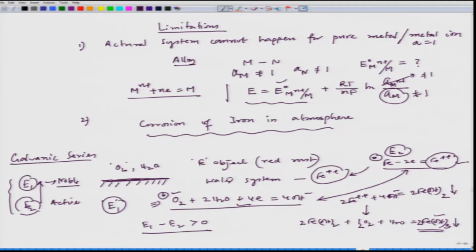If one is on top of the other, the one which is below will act as active and the one which is above will act as noble. And if this gap is very wide, say this E1, E2 position is here, since the gap is huge, there is a possibility of a higher degree of corrosion, or a higher degree of reduction as well as oxidation reactions.